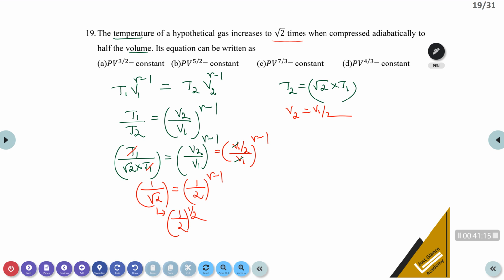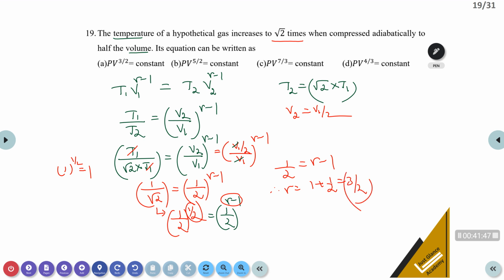Square root of 2 is nothing but this way, and 1 raised to anything is 1 only. Equal to 1 by 2 raised to gamma minus 1. Compare the power: 1 by 2 equal to gamma minus 1. Therefore gamma equal to 1 plus 1 by 2 equal to 3 by 2.